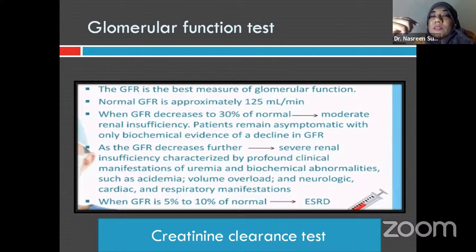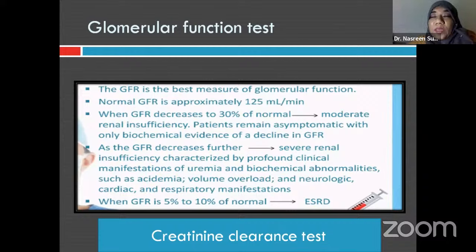But the patient will not show any symptoms, and only if a biochemical test is done. Biochemical tests mean serum urea, serum creatinine, urine examination. When these are done, only then can you diagnose that there is some problem in the kidney.